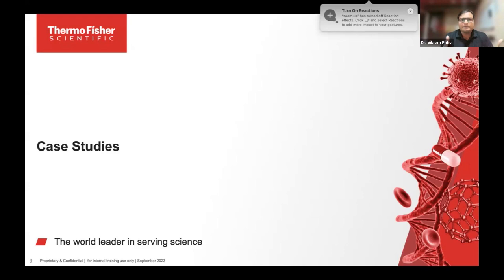Even our Himalayan belt people eat peanuts. So in them also, if Bet v 1 is positive, and along with that the major Ara h 2 is also positive, then I'll say this is co-sensitization. Birch is also positive, and the peanut is also positive.